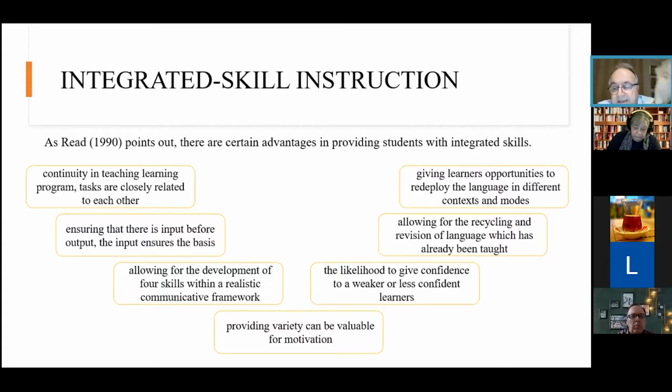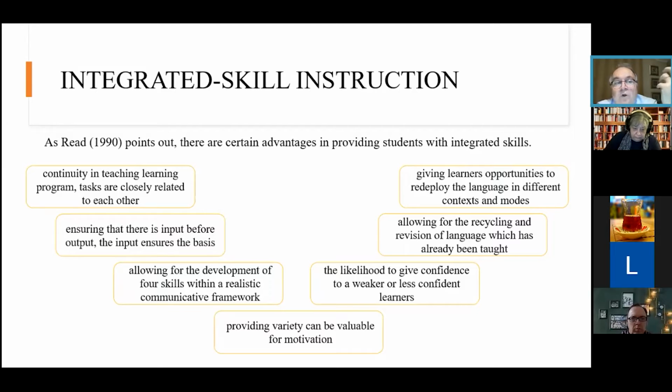So we cannot claim that integrated instruction is always appropriate in all contexts of language teaching and for all purposes of language learners. But if you pay attention to this diagram, as Oxford points out, there are certain advantages in providing students with integrated skills.